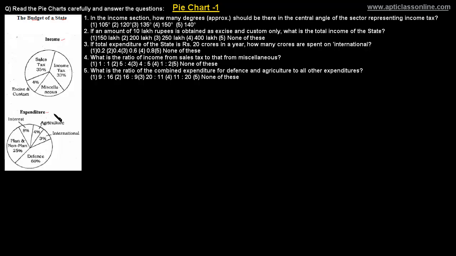Similarly, expenditure, that means total 100%, is divided among all these which are written for different subheads. 25%, 60%, 3, 4, 8, all will add to give 100% of expenditure. So let's solve this question. Once we have understood this pie, we can go for the questions.